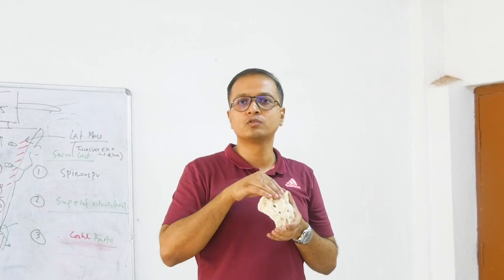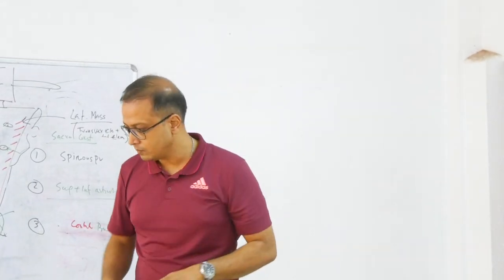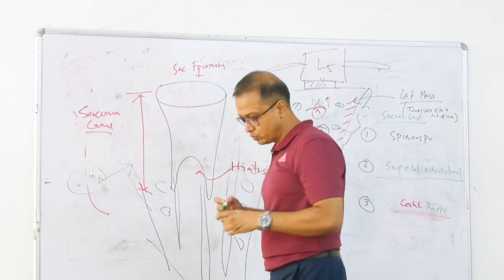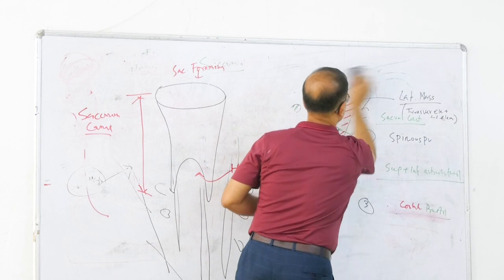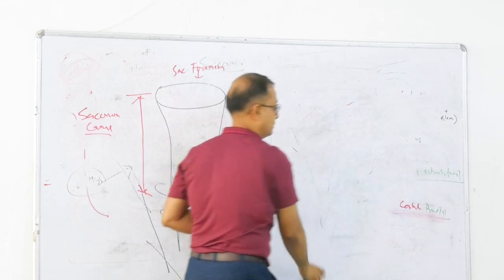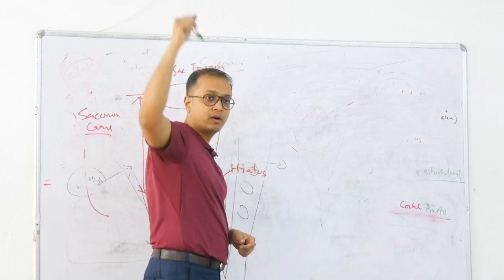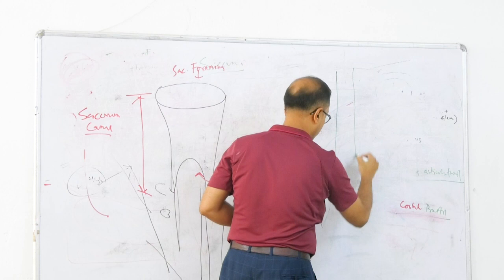Now, what passes through? What structure is passing through the vertebral canal? Spinal cord. Great. So through the vertebral canal, we have this particular spinal cord coming out.